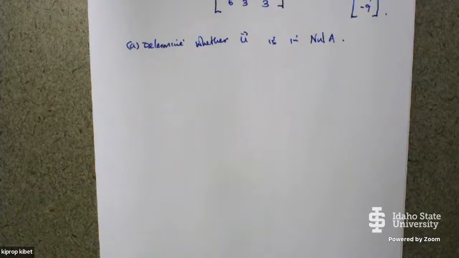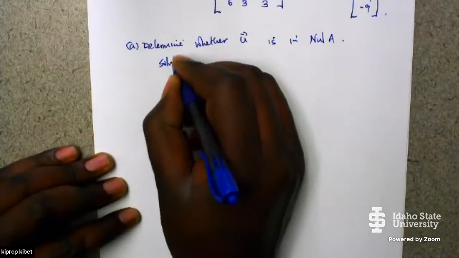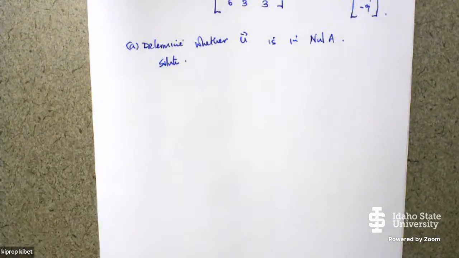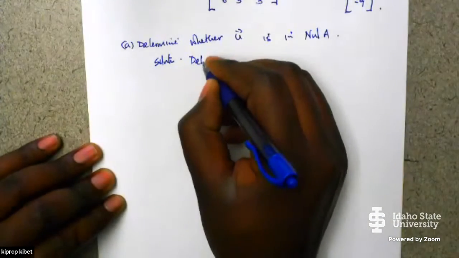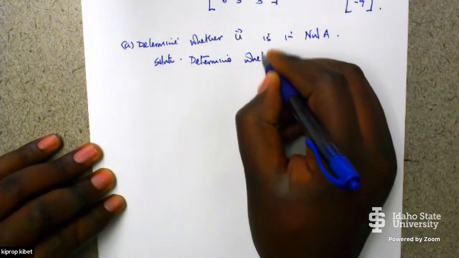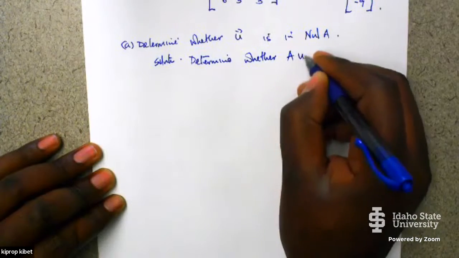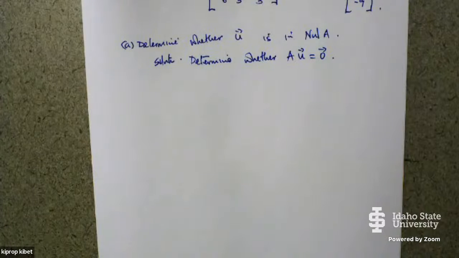So how can we determine that U is in the null space of A? What we need to do is determine whether AU is equal to the 0 vector.